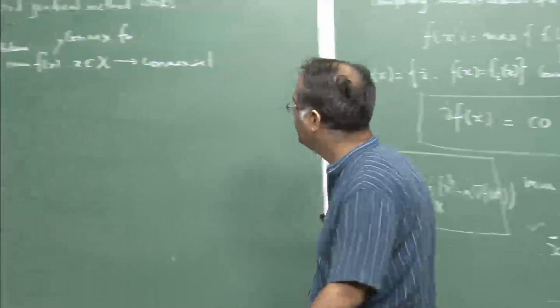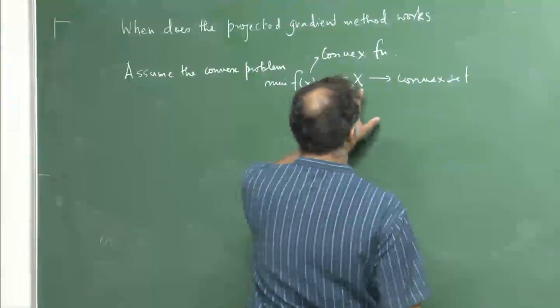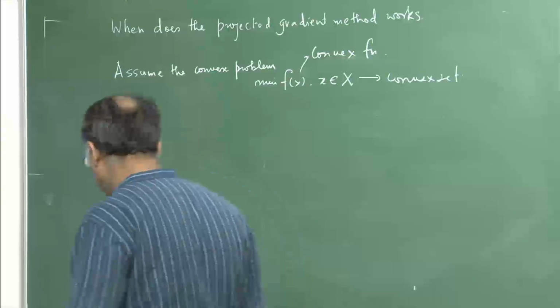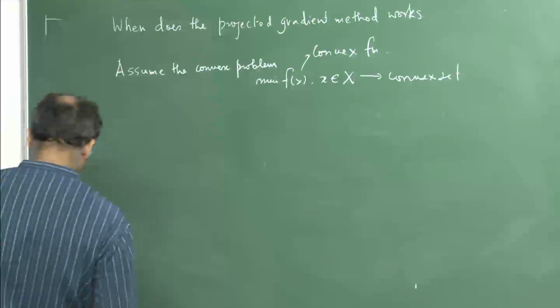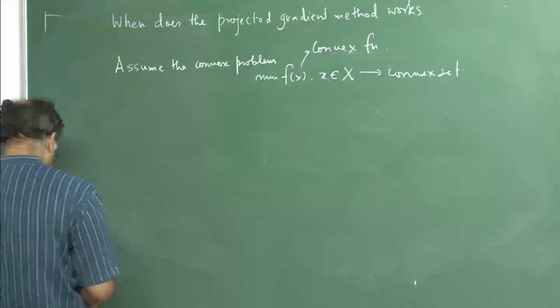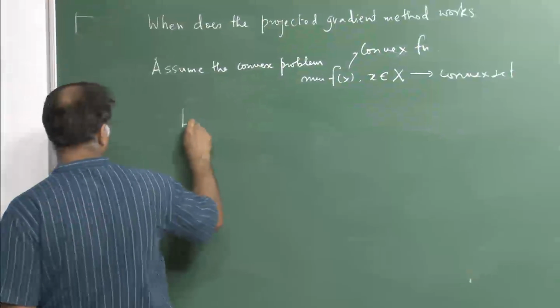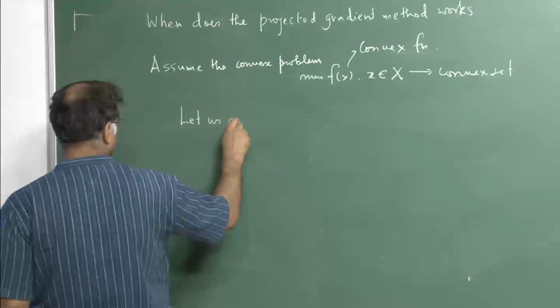Now, here we will assume that the gradient of f has a nice behavior. Let us make a list of assumptions.